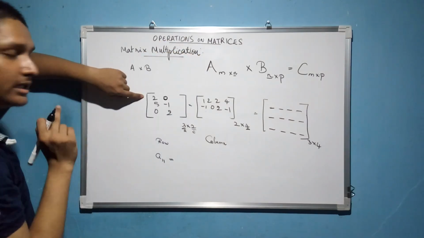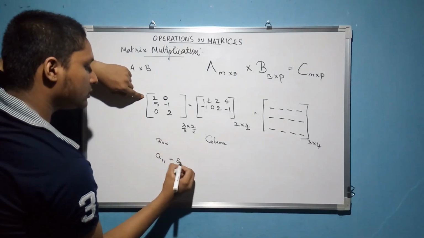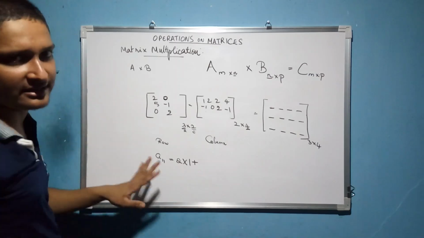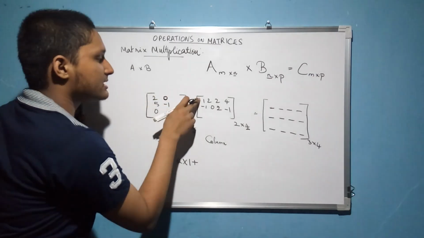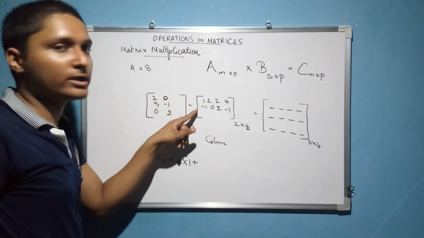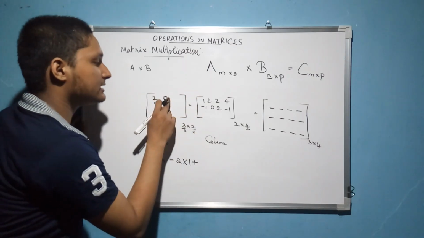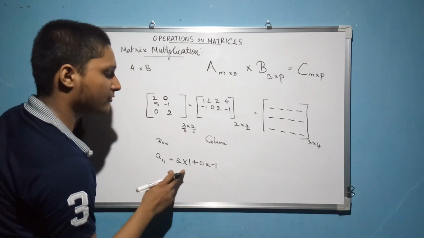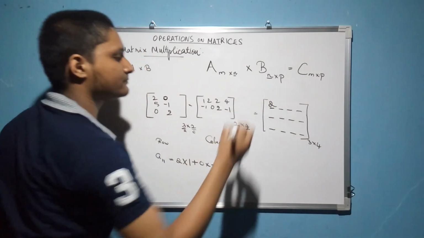I need to consider only those two now. That is going to be 2 into 1 plus, you need to add here, first by first, and there is one more element in the first row and one more element in the first column. So that's why you are going to get plus 0 into minus 1. Therefore it is going to be 2 here.